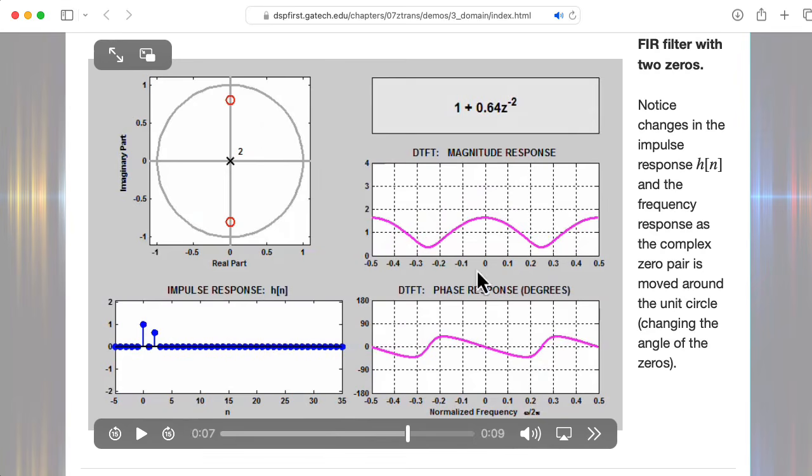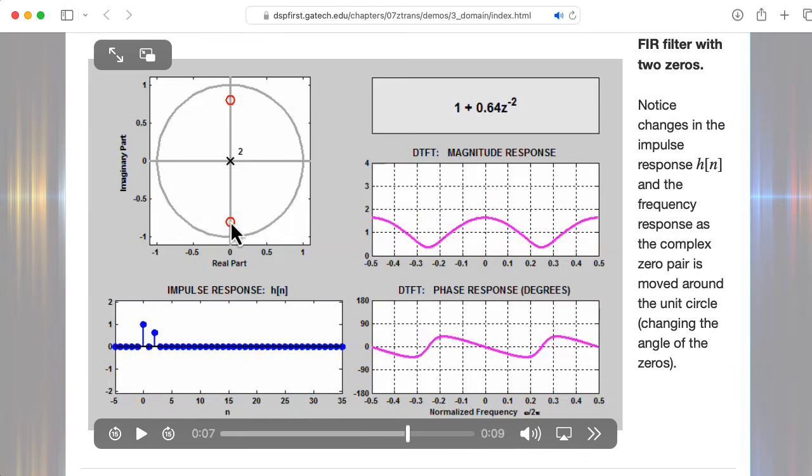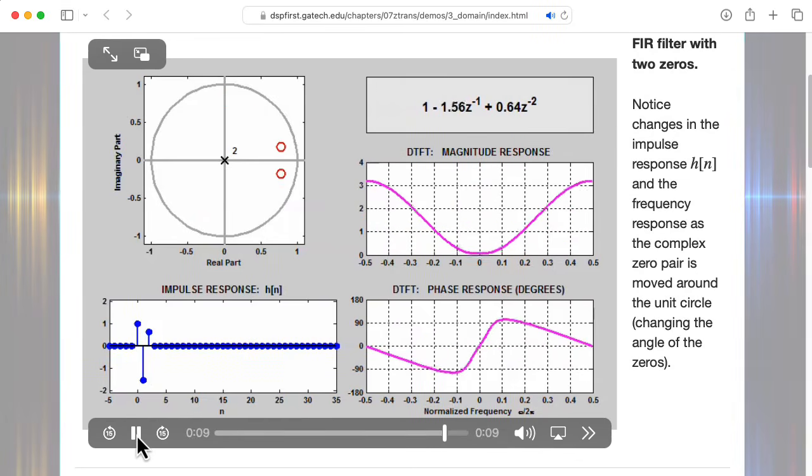Notice in this particular case, the value of the magnitude at DC and the value of the magnitude at omega hat equal pi, those are the same because the distance between this point on the unit circle and the zeros is the same as the distance from this point on the unit circle and the zeros. Okay, let's play the rest of it.